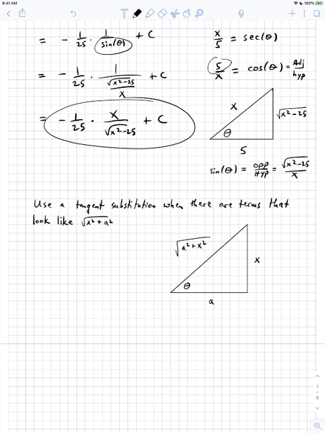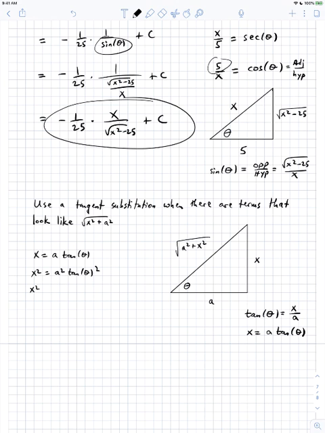That doesn't really matter. So in this particular case, we're looking at tangent of theta, which is opposite over adjacent, so it's x over a. So in this case, we have that x is equal to a times tangent theta. Now this is useful for us because if you have x equals a tangent theta, then x squared is equal to a squared tangent theta squared.